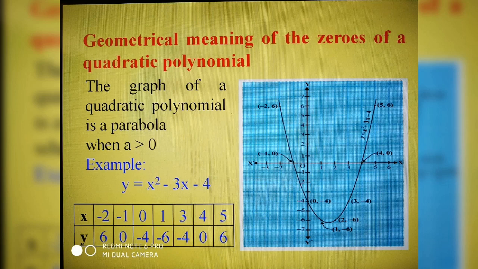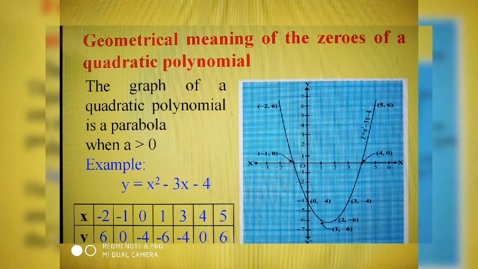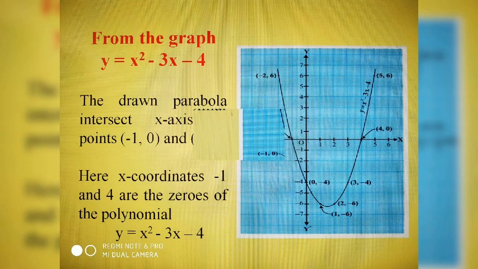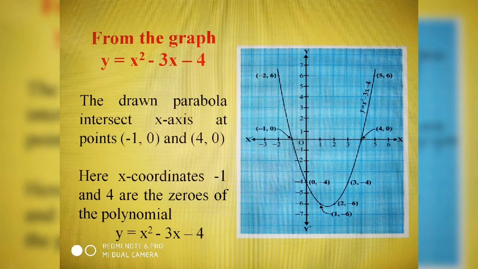Here in this table, some values of y corresponding to some values of x are listed. By locating the points of the table on a graph paper and drawing the graph, we see that the graph actually looks like this. So from this graph, what do we learn?